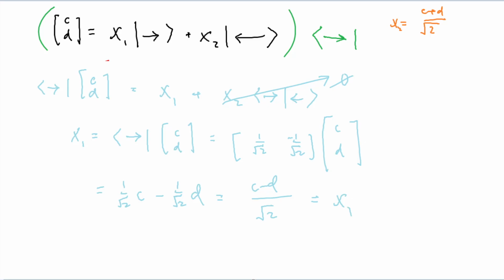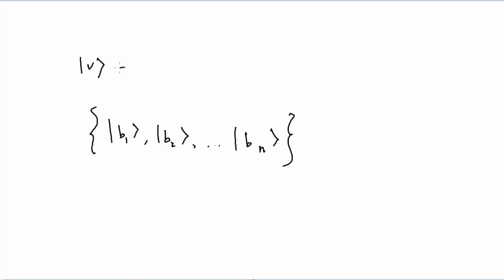So if we're given some n-dimensional ket V, and let me clear the space again, is it possible to express it as the sum of B1 and B2 and all the way up until we get to B, however many dimensions there are? Is it possible to express this as equal to x1 times B1, and this is, by the way, your orthonormal bases, orthonormal bases with n dimensions.